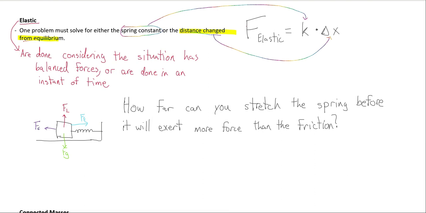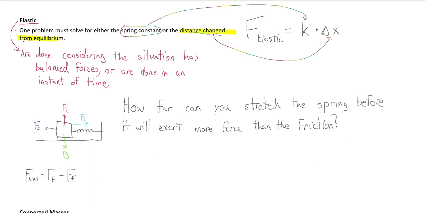Now looking at this, we're like, all right, this is a decent free body diagram, and if I considered the direction of motion, it'd be left and right. So the net force is going to be my left and right forces. That'll be my elastic force and my friction force.